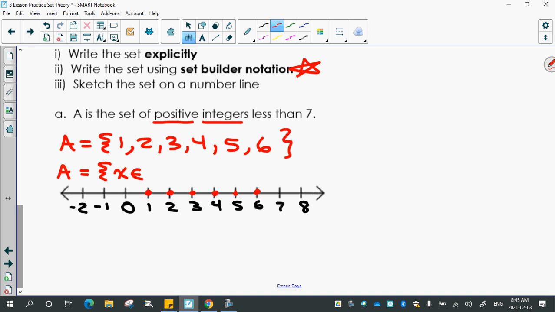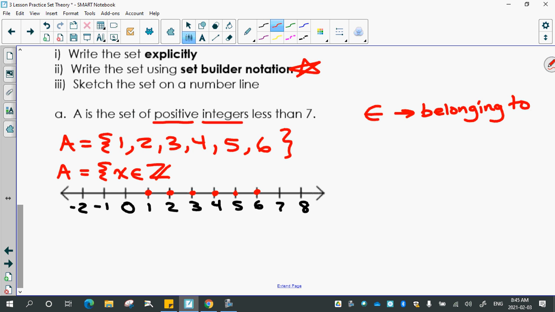This epsilon translates to belonging to. So X is a number that belongs to the integers.